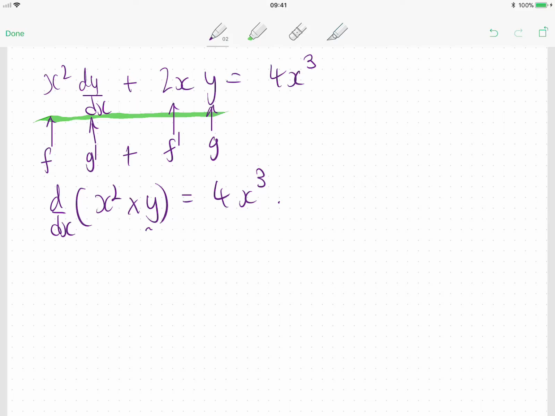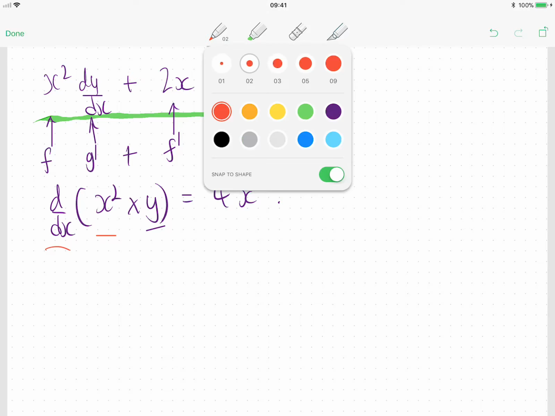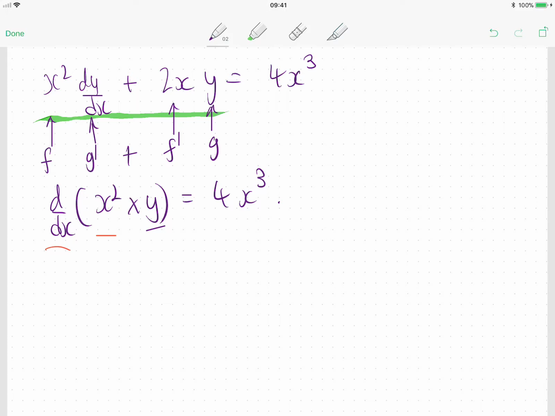Okay, so our job is to find y from this equation. Firstly, how are we going to eliminate the dy/dx, and how are we going to isolate y with this x squared here? Well, I'll start with the dy/dx. We integrate to cancel that off.